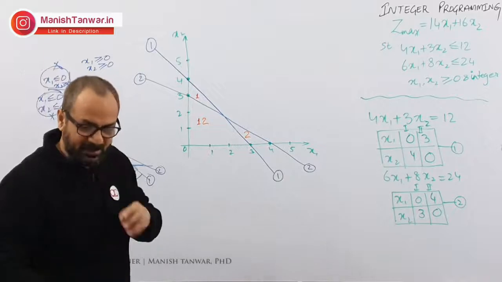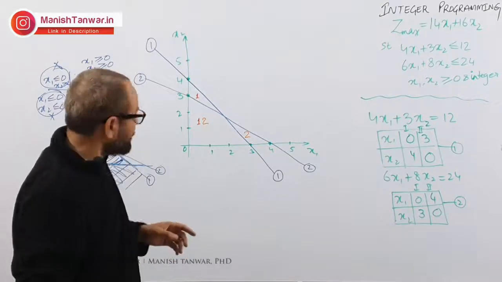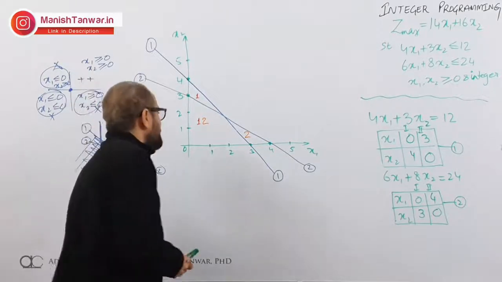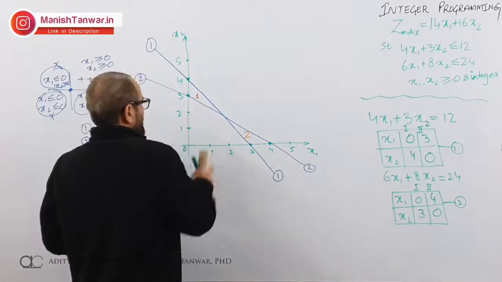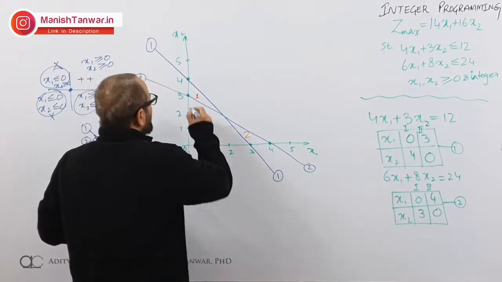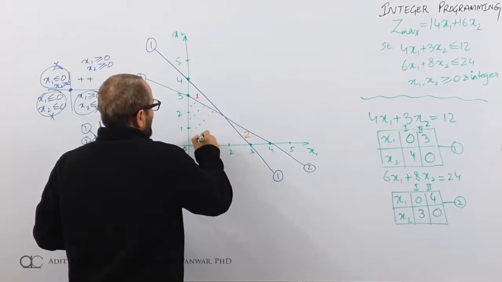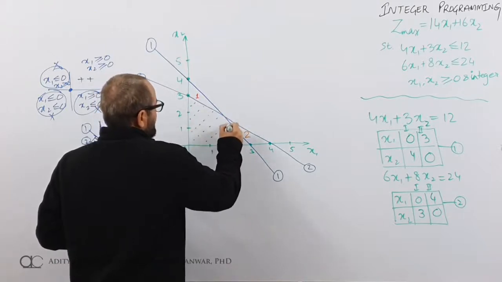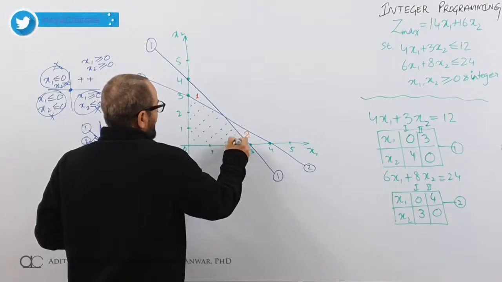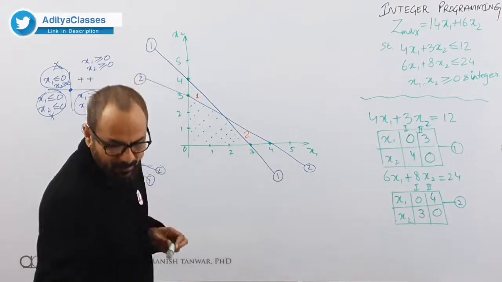So ultimately, what is my completely feasible area according to all the constraints? Both 1 and 2 agree to this area. This is my feasible area. Can I put down my corner points over here?